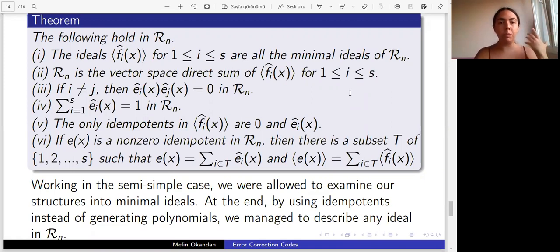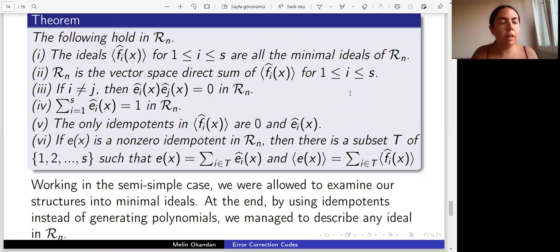So working in the semi-simple case, we were allowed to examine our structures in terms of minimal ideals. Now we are using idempotents instead of generating polynomials, and observe that by the last item, we are allowed to describe any ideal, anything in Rn, by these idempotents. This is why we work with idempotents in the first place.